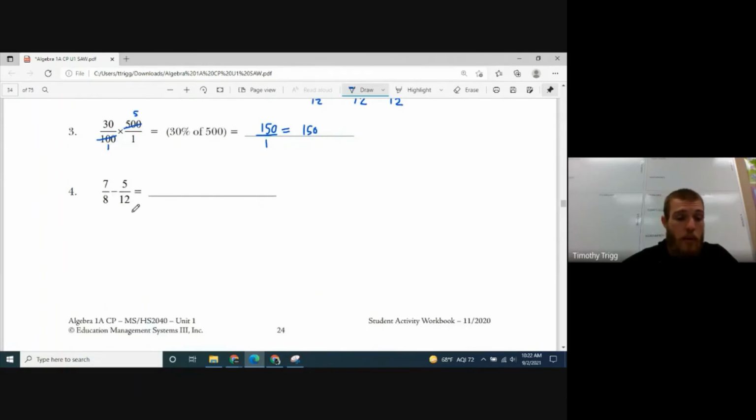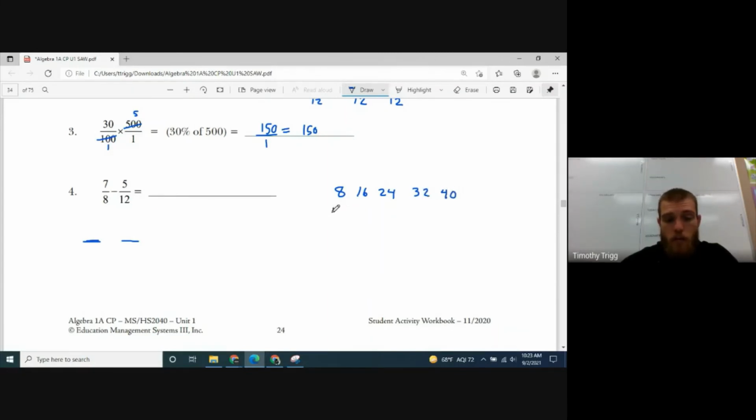Similarly, for number 4 here, what would be the lowest common denominator? Well, for 8ths and 12ths, what would be their lowest common denominator? So one thing you could always do is just list out their multiples, right? If you're not sure. So for 8, our multiples are 8, 16, 24, 32, 40.